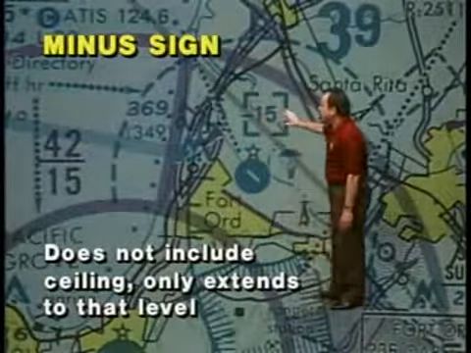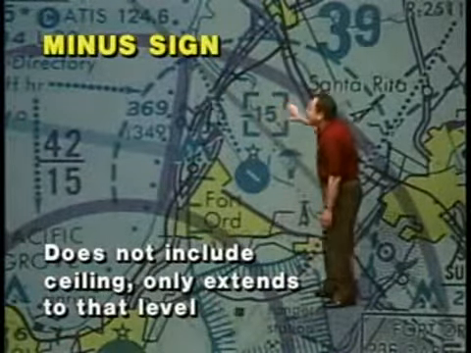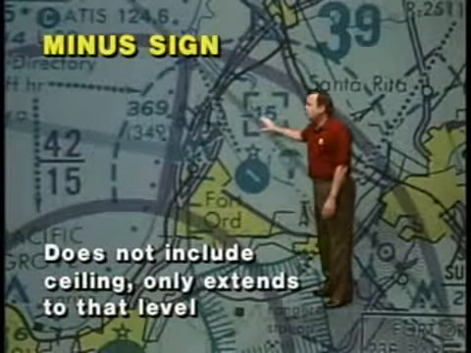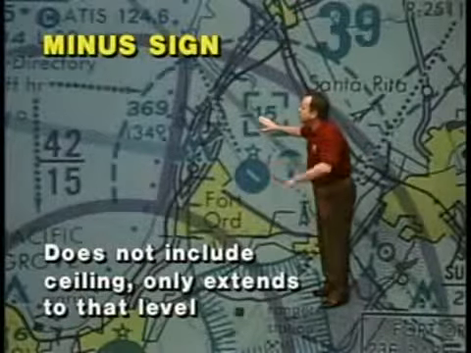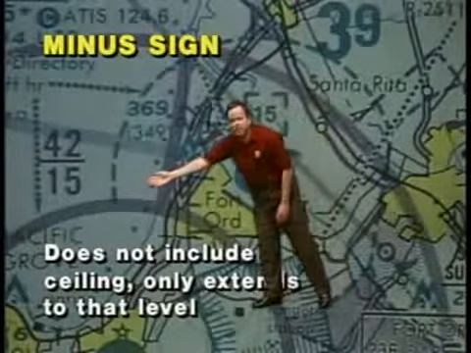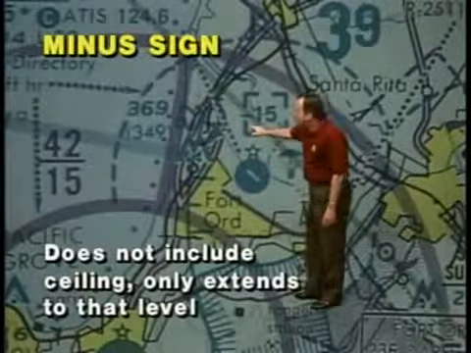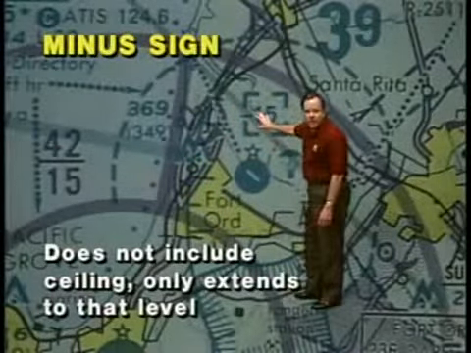So this airspace top is Class D, tops out up to, but not including, 1,500 feet. Generally, the reason for that is there will be some kind of overlying airspace that has a floor of, say, 1,500 feet, as in this particular case. So this minus sign tells you up to, but not including, the elevation shown right here in the box.